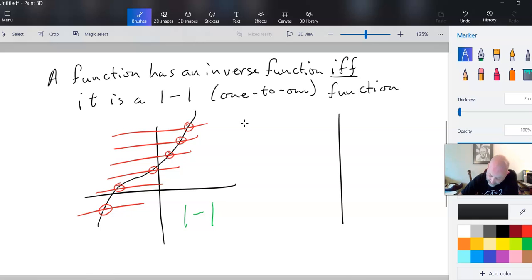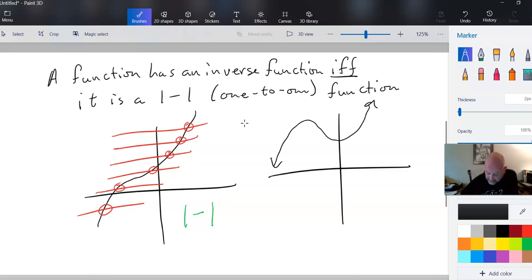If I do the same thing and I have something that it's still a function, right? That's definitely a function. It passes the vertical line test. But if I draw horizontal lines, it hits more than one place, and there's several areas where I can hit more than one place.